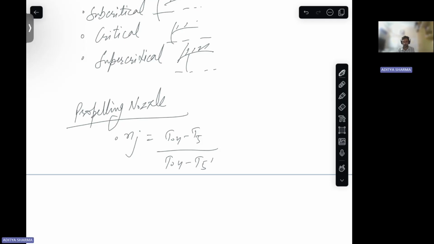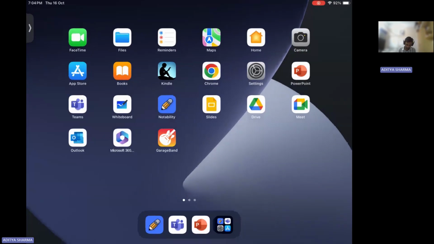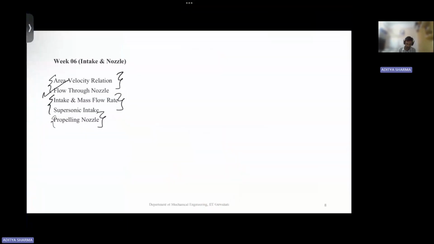Also, conditions have been discussed when your nozzle is choked and when your nozzle is not choked. Okay. So this is it about week 6.